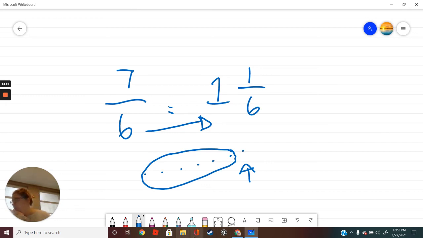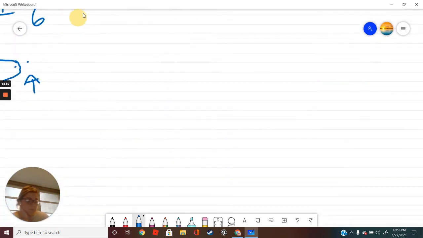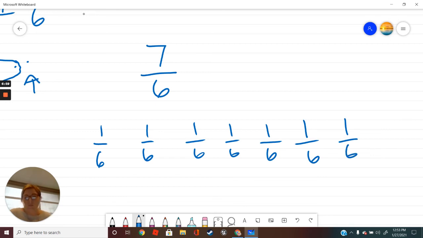And then you can also decompose this too. So we had 7/6, which equals 7 one-sixths, right? 1, 2, 3, 4, 5, 6, and 7. And remember, how do we reach 1 with a denominator of 6?